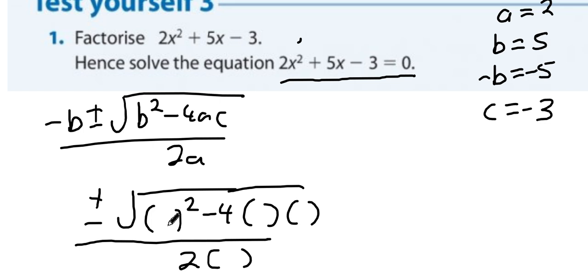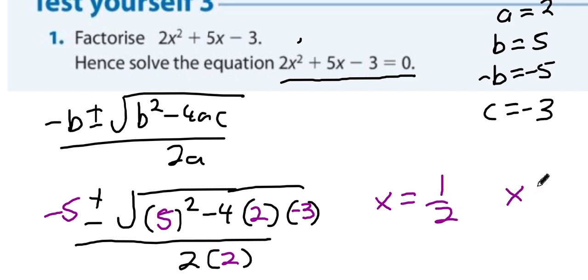Now what do we get here, guys? 5 here. Okay, into the calculator with it. People got x equals a half. And what's the other one? Minus 3. Now, we'll just leave it at that for the time being.